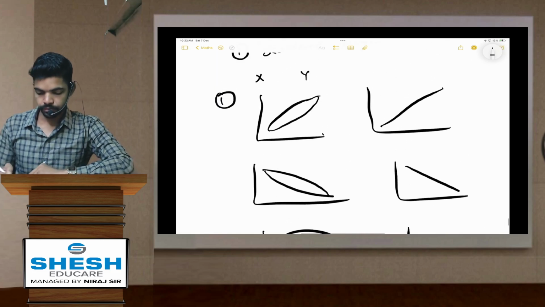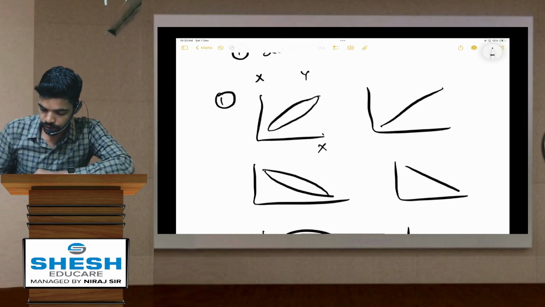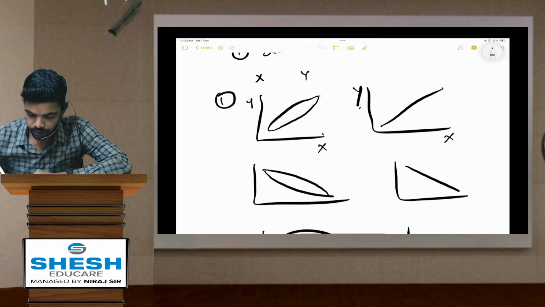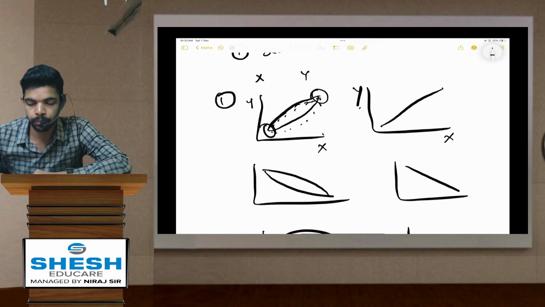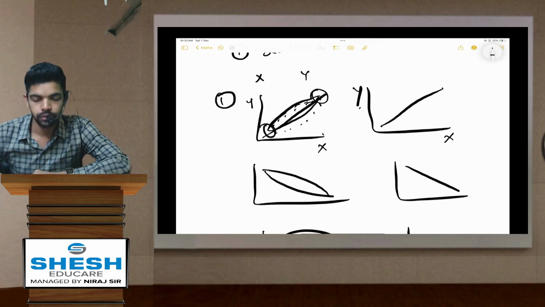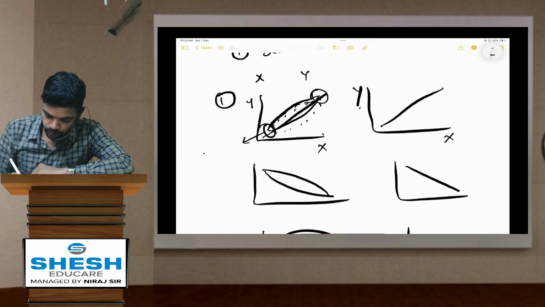Suppose you plot x and y on the graph and you get a graph like this, where the direction is from lower left to upper right, in increasing order basically. So we say x and y are positively correlated.